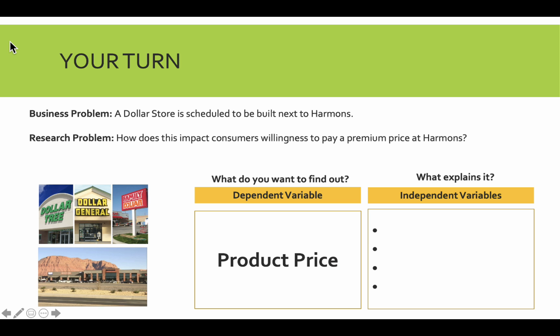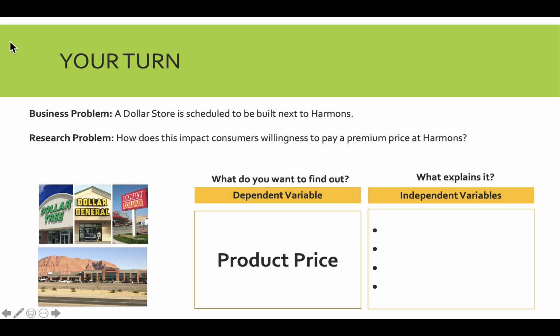So this is what I want you to do, is think about from a marketing perspective. Dollar Store is scheduled to be built next to Harmon's, which is a high-end grocery store. How does this impact consumers' willingness to pay a premium price at Harmon's? So your dependent variable is the outcome, the product price.